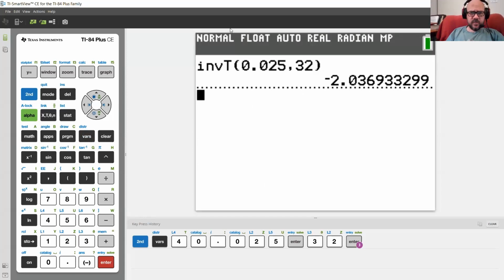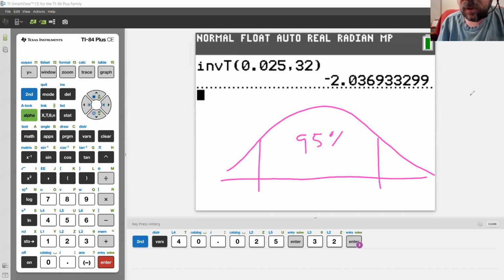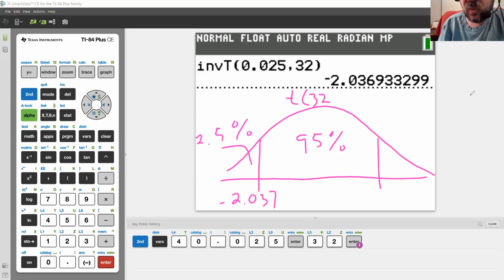And again, if it's not clear why that's the critical value, remember that what I'm trying to do is get the 95% in the middle. That leaves me 2.5% on either side. And the thing that I just found here, negative 2.037 and 2.037, this is for T32, right?